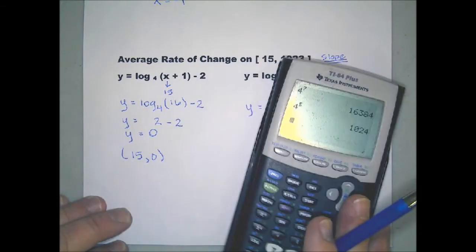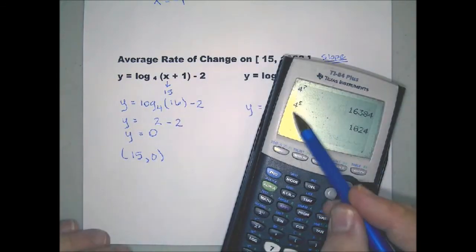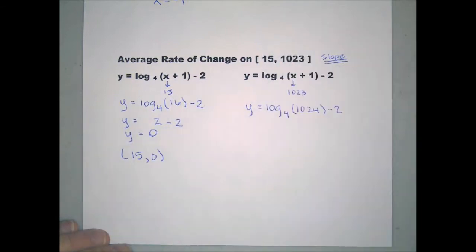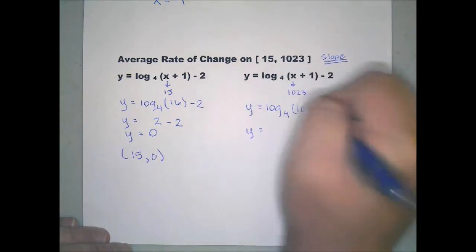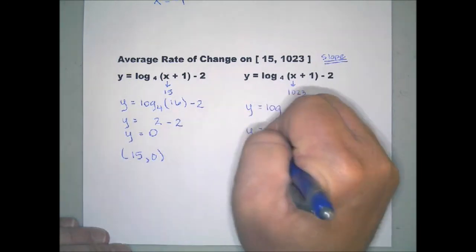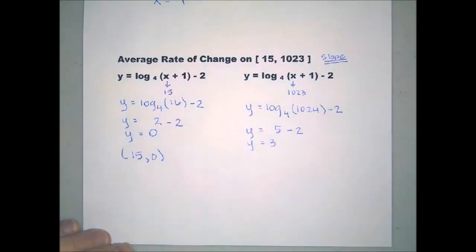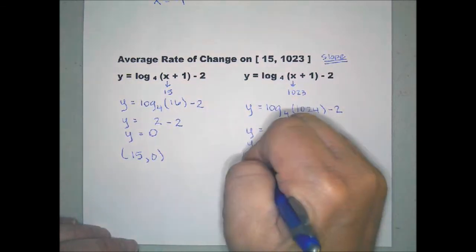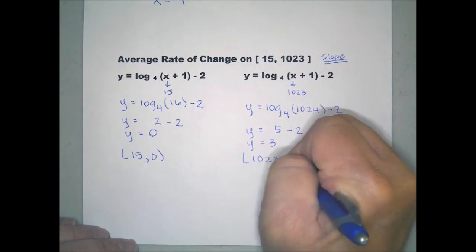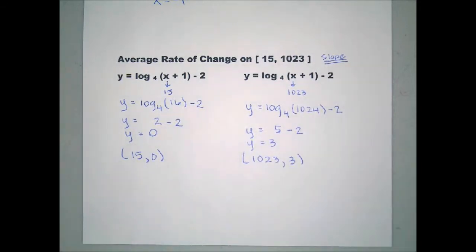I've already done it right here. 4 to the 5th power is 1024. So that's the answer to log base 4 of 1024. It's 5. y equals 5 minus 2, which is 3. So that sets up the point with 1023 as the x and 3 as the y.